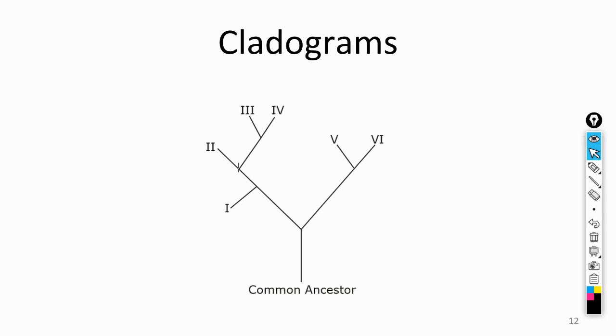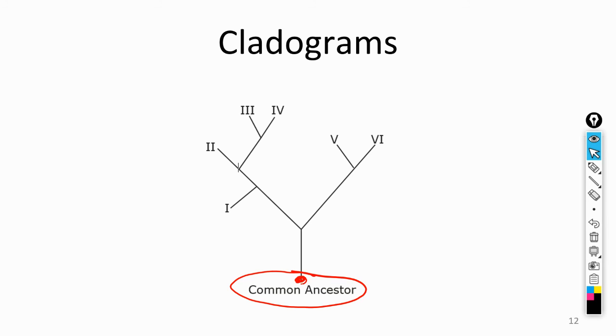So cladograms, and we'll call them that. Sometimes you see them represented as phylogenetic trees. And so notice down here at the bottom of this, you have a common ancestor. The way you're going to read these, you'll either read them from bottom to top or left to right, but you start out with a common ancestor at one location.